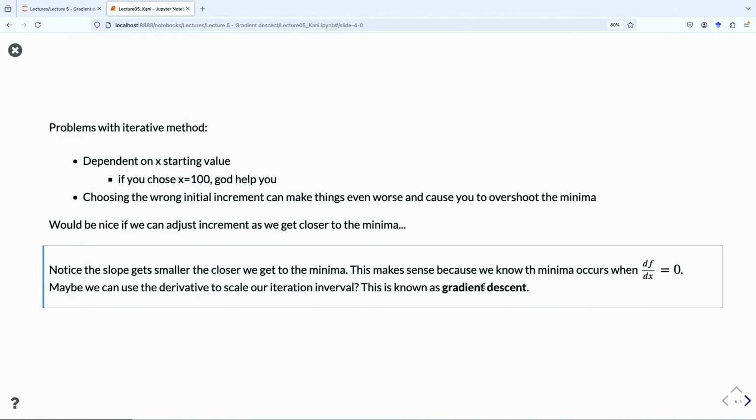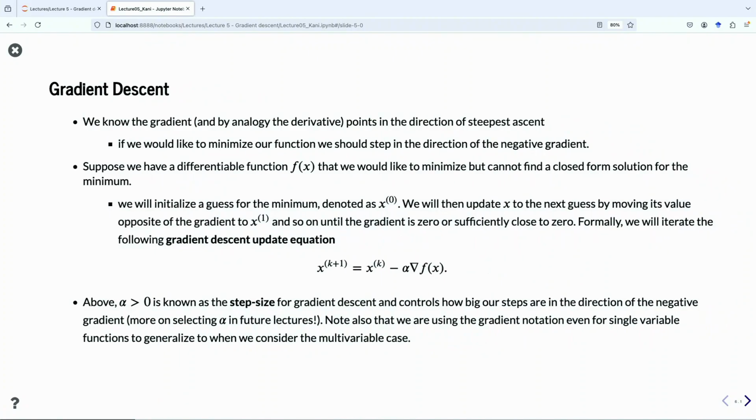And as long as it's controlled by the gradient and our learning rate and other parameters are correct, we should have a very stable path towards the minimum, right? So, that's the idea behind gradient descent.